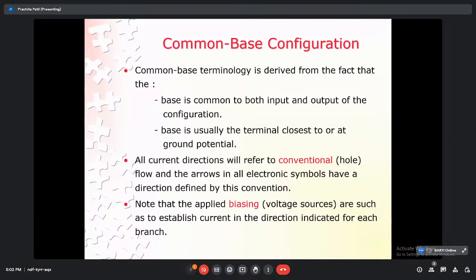Conventionally, for giving input we require two terminals, and for the measurement of output we also require two terminals. In that way, we have to make one terminal common.